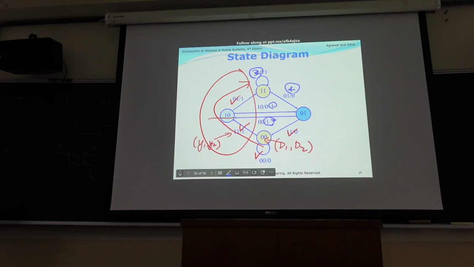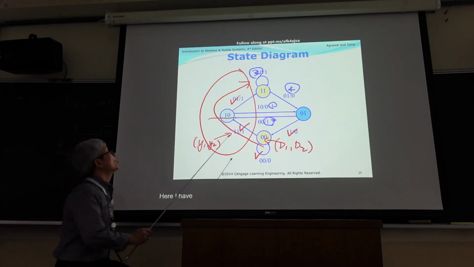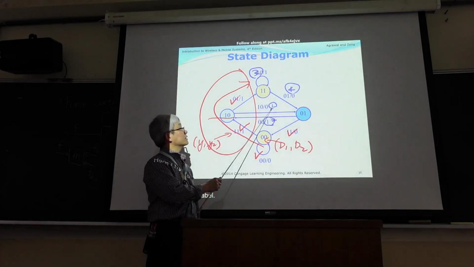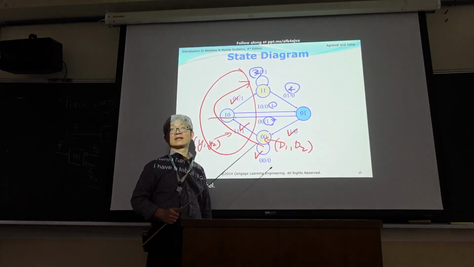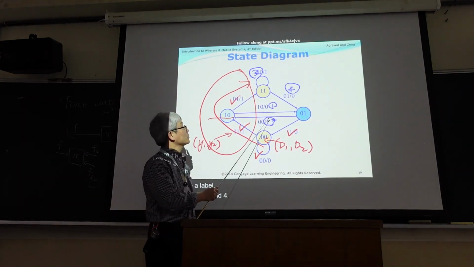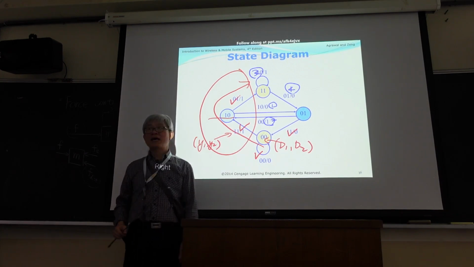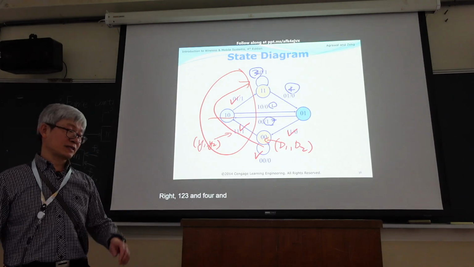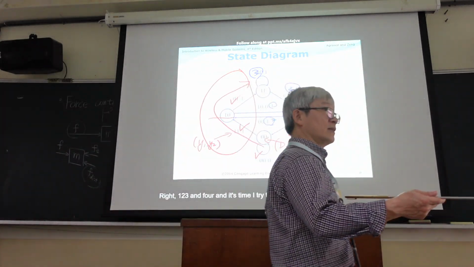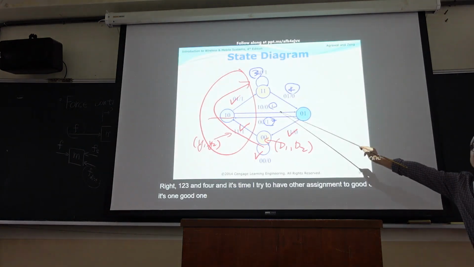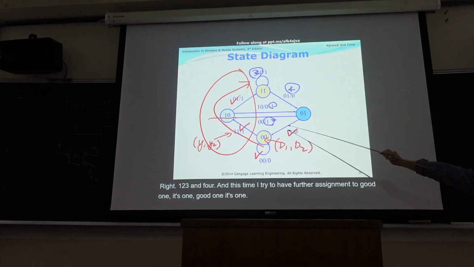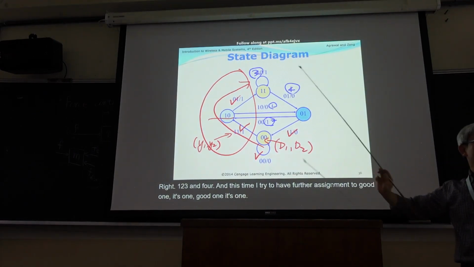Here I have a label. I have a label 1, 2, 3, and 4. Right? 1, 2, 3, and 4. And this time I try to have the assignment to group 1 is 1. Group 1 is 1. And group 2, group 3, and group 4.